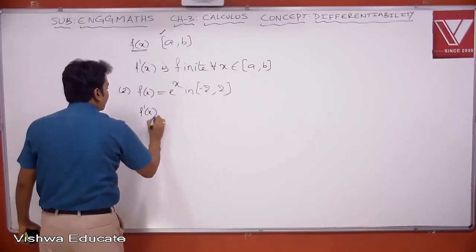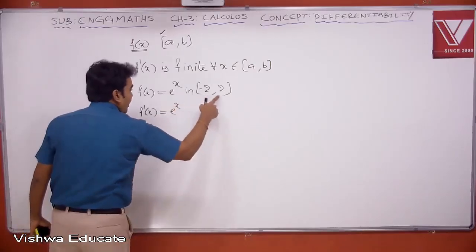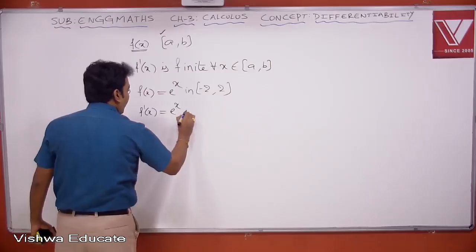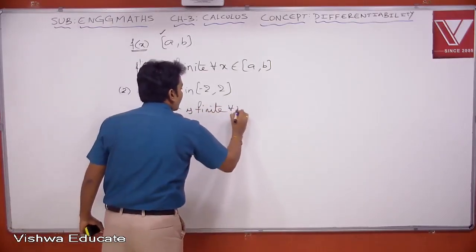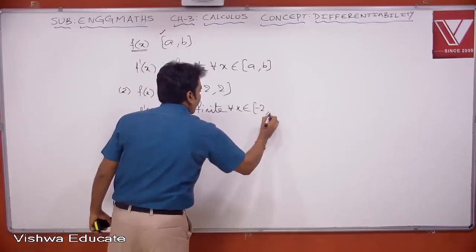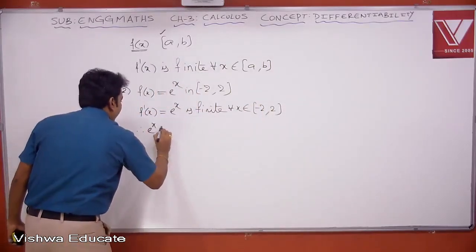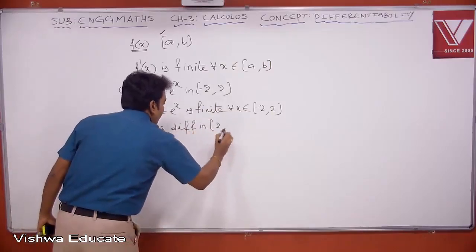What is the derivative of this? It is e power x only. Now replace x by any element of this interval. It is always finite. So e power x is finite for all x belonging to closed interval minus 2 comma 2. Therefore e power x is differentiable in closed interval minus 2 comma 2.